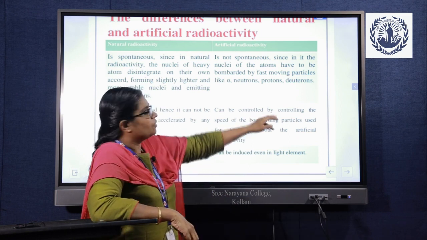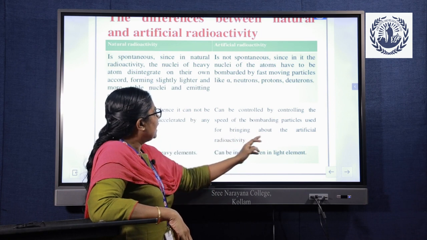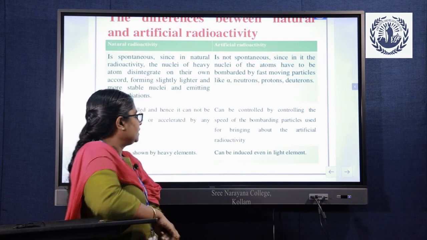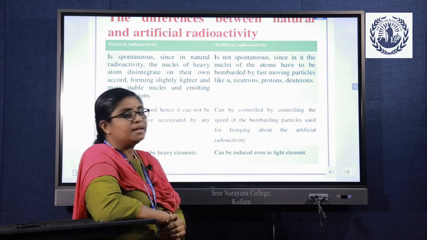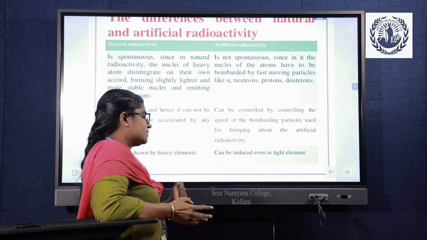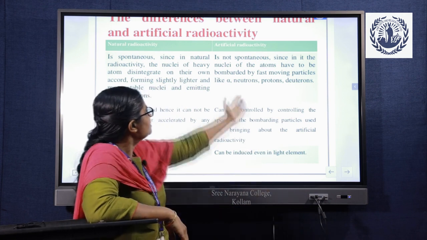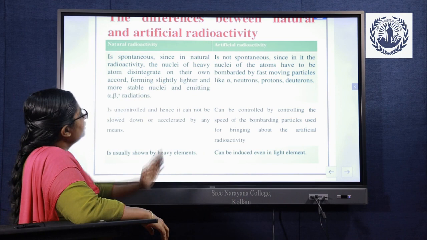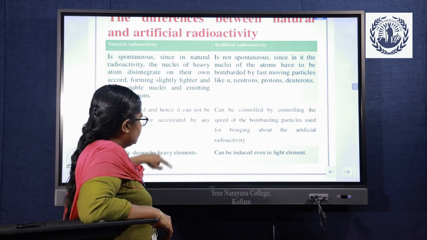So we can control the speed of the bombarding particles in bringing about artificial radioactivity. And this artificial radioactivity can be induced even in lighter elements. We can make some lighter elements into radioactive elements by artificial radioactivity. So, these are the main differences between natural and artificial radioactivity.